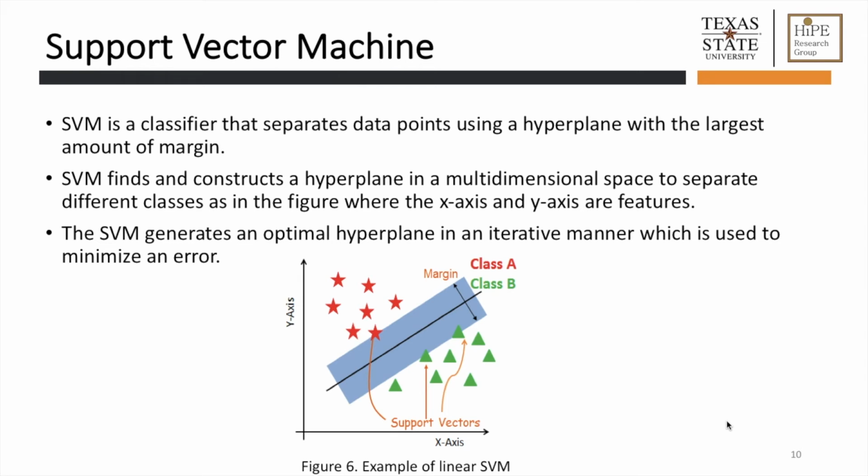Support vector machine. SVM is a classifier that separates data points using a hyperplane with the largest amount of margin. SVM finds and constructs a hyperplane in a multi-dimensional space to separate different classes, as in the figure where the x-axis and y-axis are features. We have used support vector machine as a classifier for training and testing our dataset and finding the accuracy.